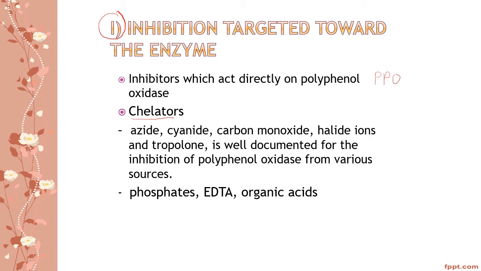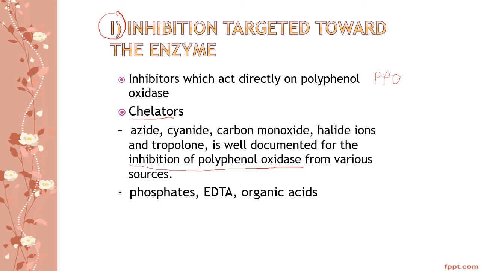These are some of the chelators that are well documented for the inhibition of polyphenol oxidase, meaning that these chelators can form a complex with this polyphenol oxidase so that it won't react with your material.